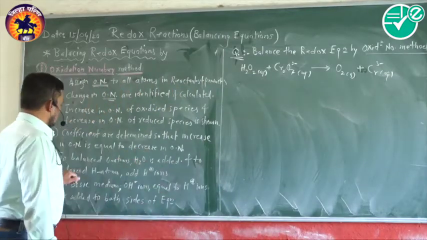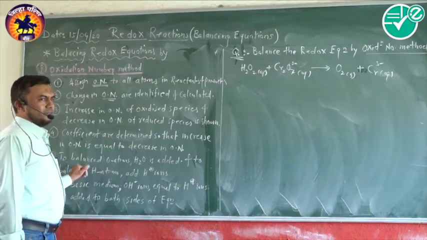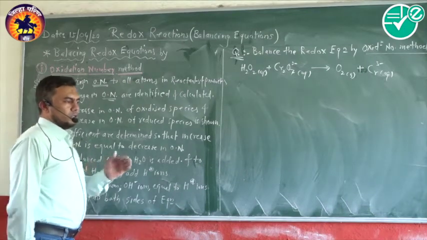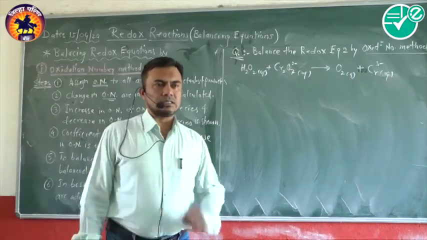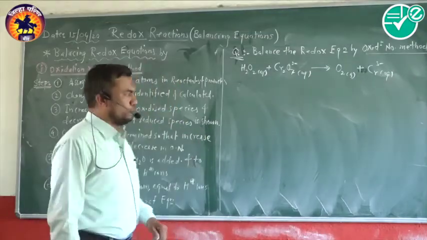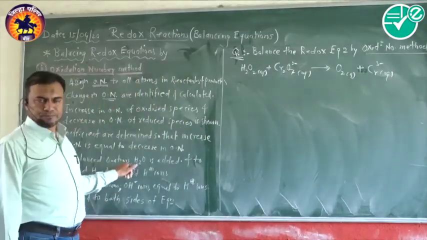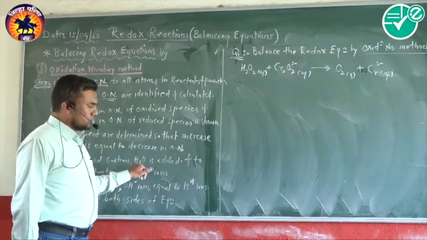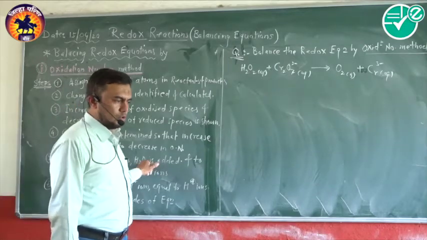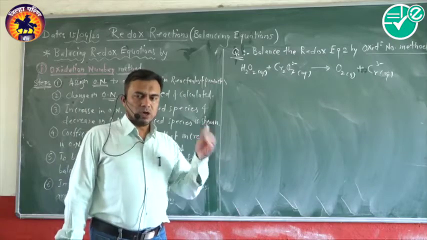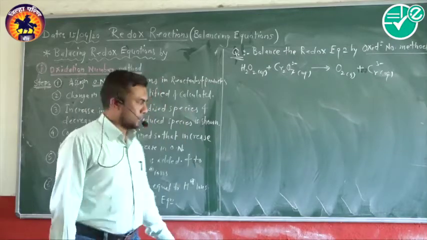Then we multiply with that coefficient so that the atoms are balanced. Then, to balance the oxygen atoms, we add water molecules to the side where the oxygen atoms are fewer.